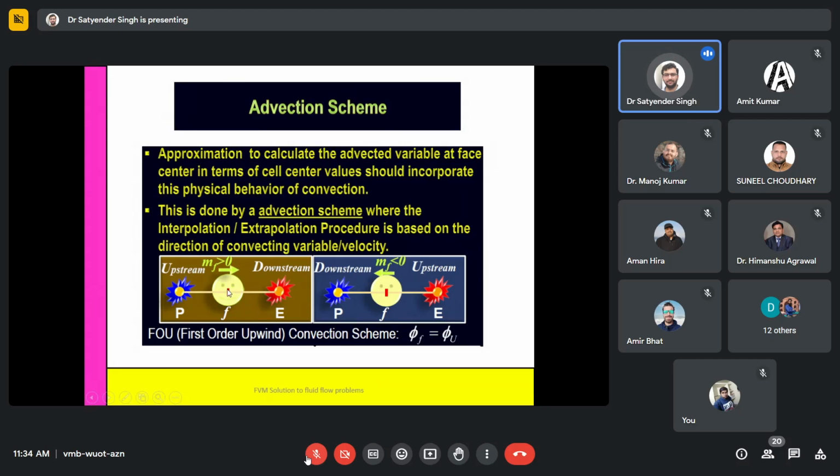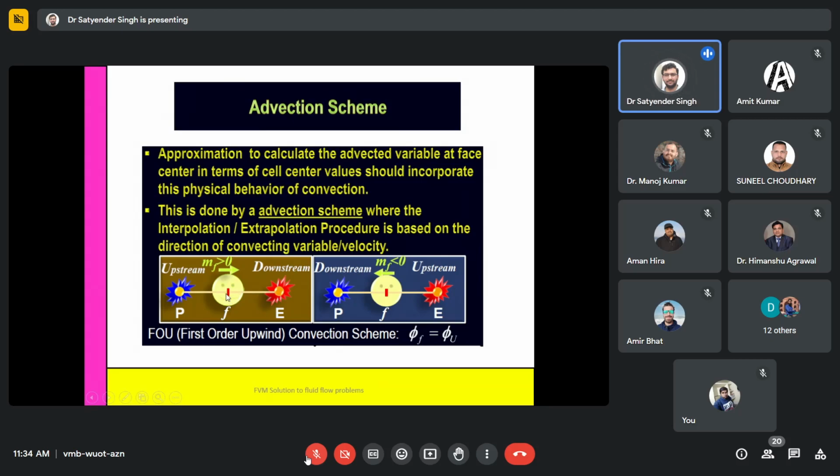This will be a location at the center of these two cell centers where we are interested to find out the fluxes. Because if I create a cell there, this will be the point where later we want to update a value by considering the value of the flux which is entering at this face.